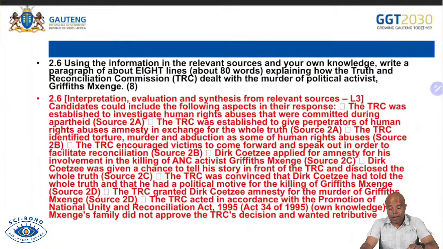And as you read through, you can see 2B is identified, 2C is identified, 2D is identified. And when we go to the last sentence, the TRC acted in accordance with the Promotion of National Unity and Reconciliation Act 1995, own knowledge. So now we can clearly see that own knowledge is also important that we provide it.